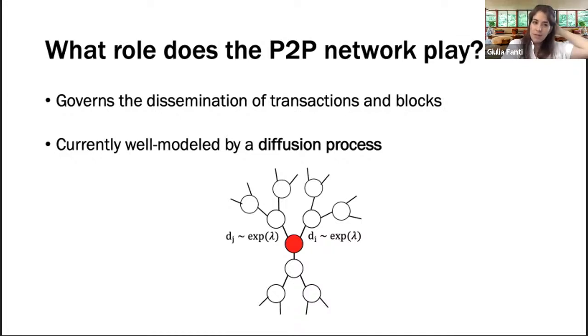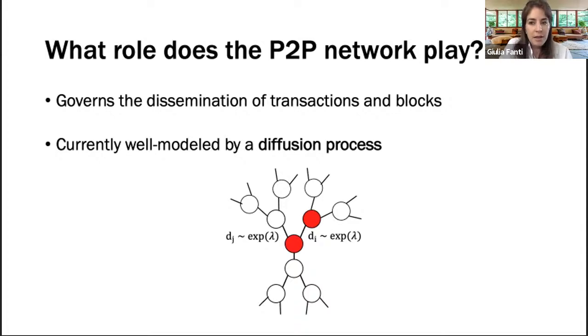So this dissemination process is currently well modeled by a diffusion process, meaning if we have some red node here that starts broadcasting its transaction or its block, on each of the adjacent edges, it will spread that transaction or block with a delay that is distributed exponentially with some parameter lambda that depends on both the code base that you're working with and the hardware and some other constraints that I won't go into.